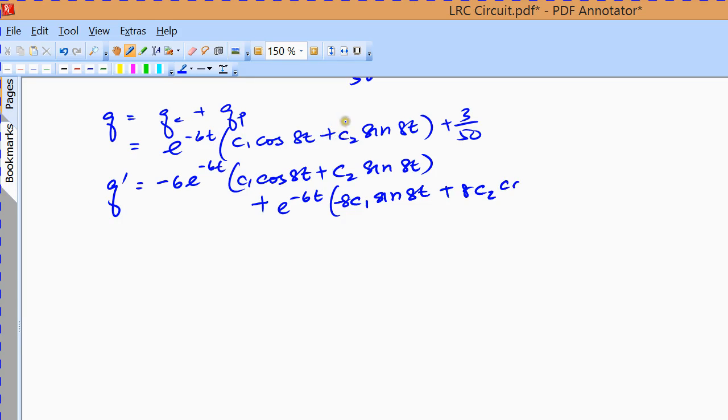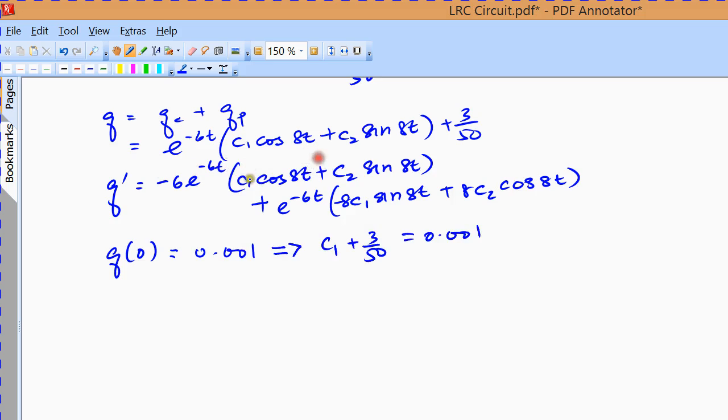8C2 cos 8t), and now we have Q(0) is 0.001, and so C1 plus 3 over 50 is 0.001, and so C1 is minus 59 over 1000.